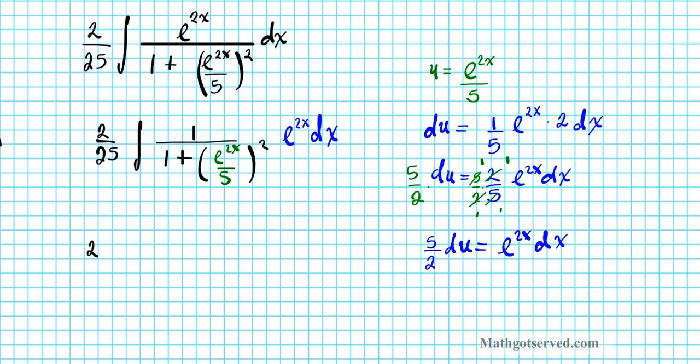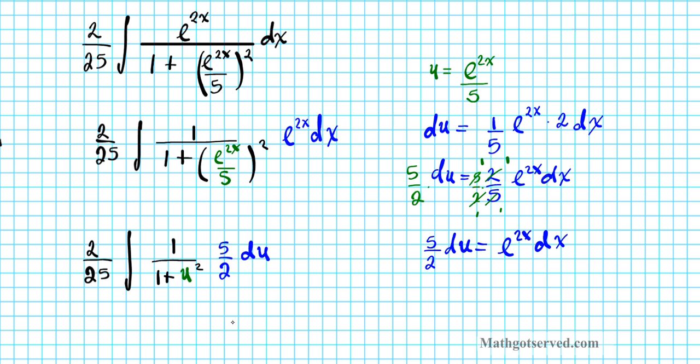The integral now becomes 2 over 25 times the indefinite integral of 1 over 1 plus, instead of this quantity squared, u squared. And then this term, e to the 2x dx, becomes 5 over 2 du.